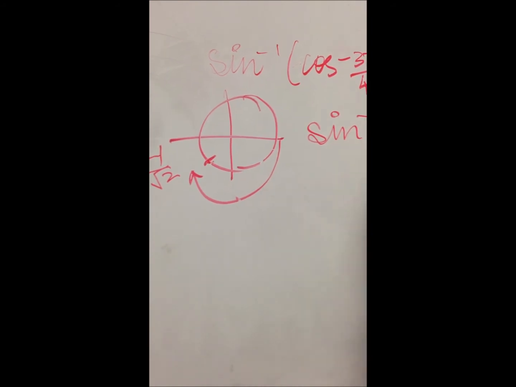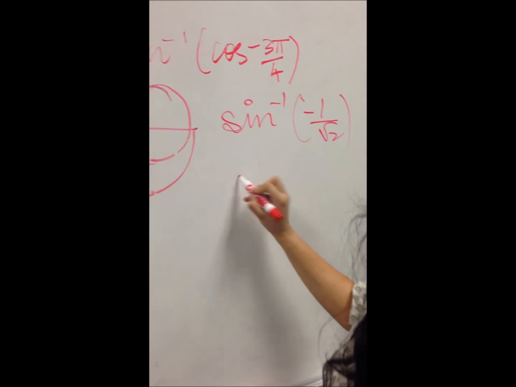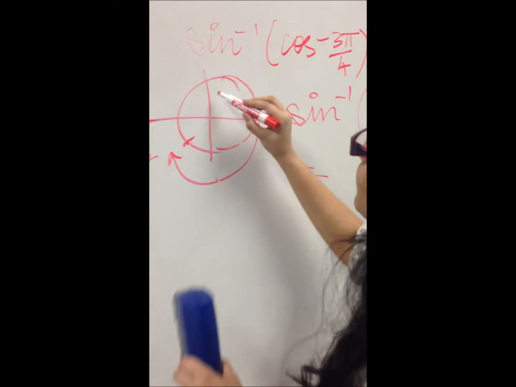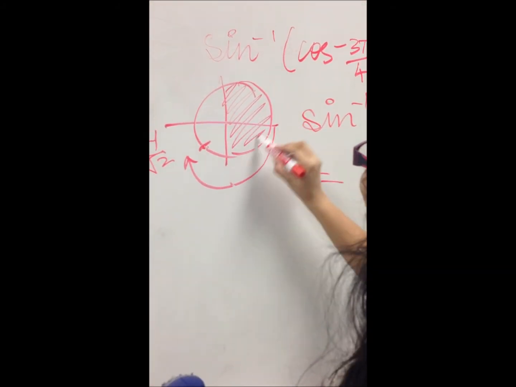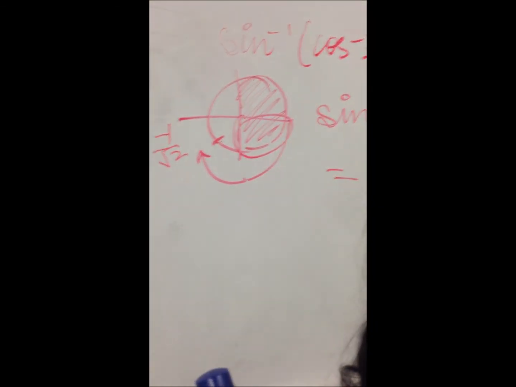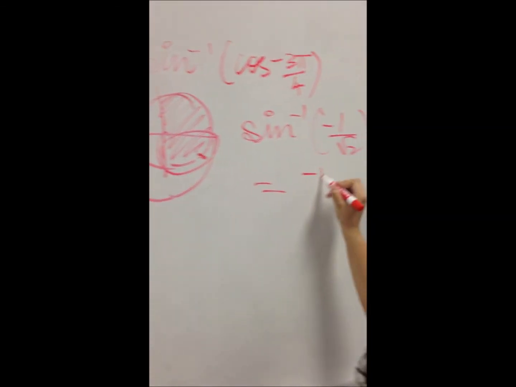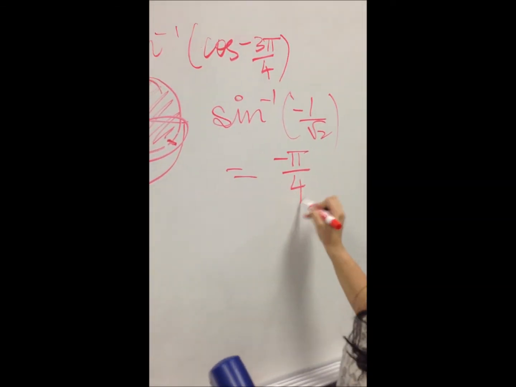So the inverse sine of -1 over root 2. Since the principal interval for sine is over here and all the negative numbers are going to be in the fourth quadrant, the inverse sine of -1 over root 2 would be this angle right here, which is -pi over 4.